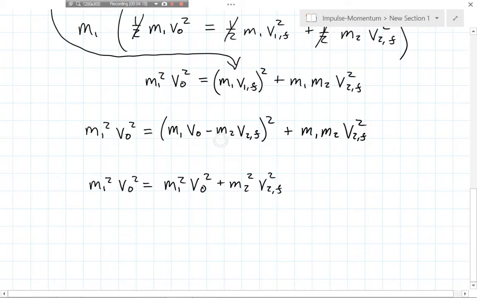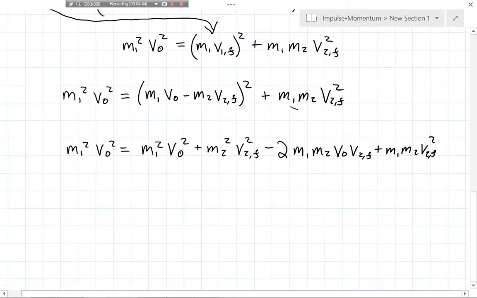And now we have to do 2 times the first number and the last number. So this will be minus 2 m1 m2 v initial v2 final. So here all I've done is FOIL this. And then I have to add to this whole thing m1 m2 v2 final squared.